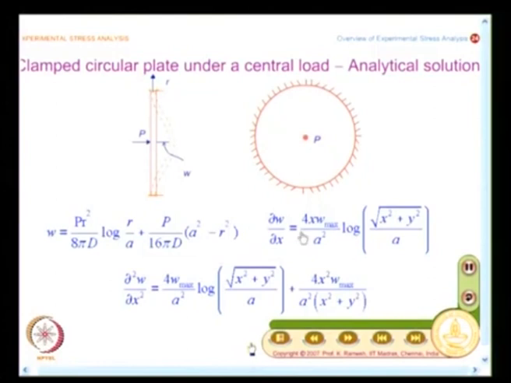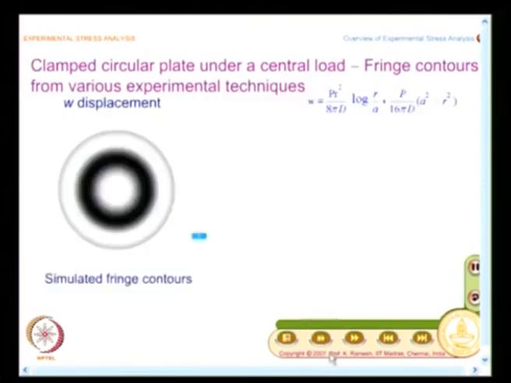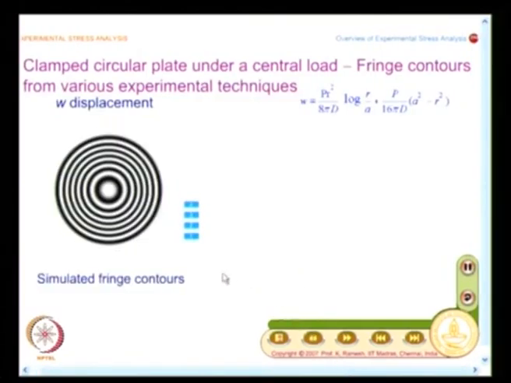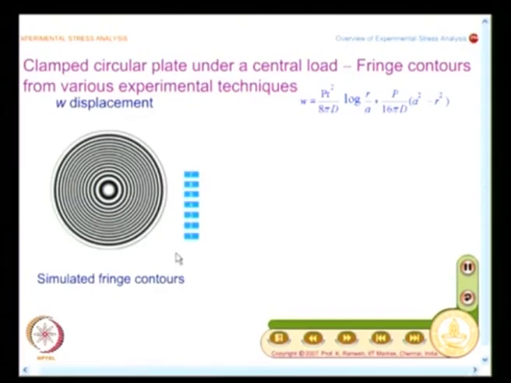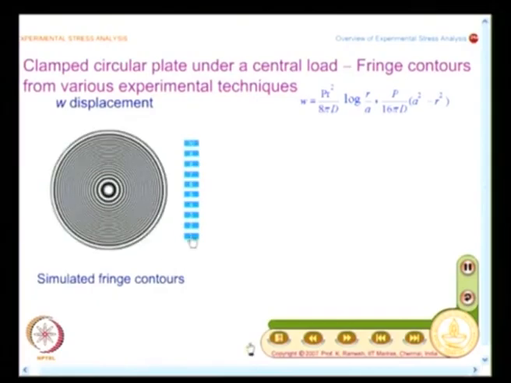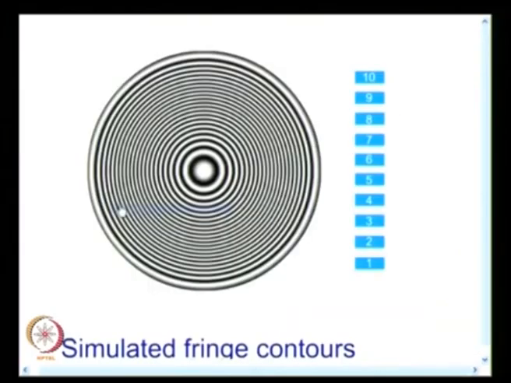Similarly, I have shown the slope in direction x; you can also have the slopes in direction y, and when I go and find out, I get patterns like this. Nature is so good that it gives you simulated fringe contours as concentric circles.